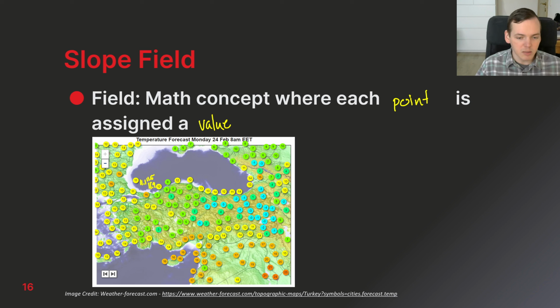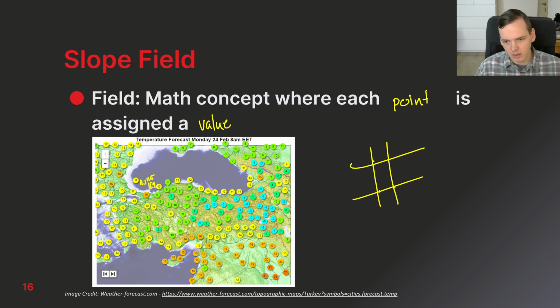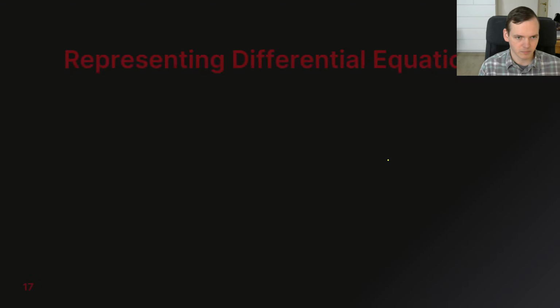This could be considered a representation of a field where we've just picked a handful of numbers and left off the other numbers that do exist. But that's the example of a field: something where there's a value assigned to literally every point, not just the points on the grid, but every single point in between.